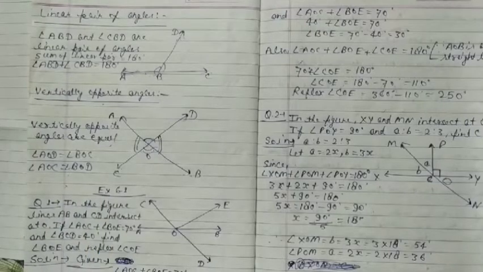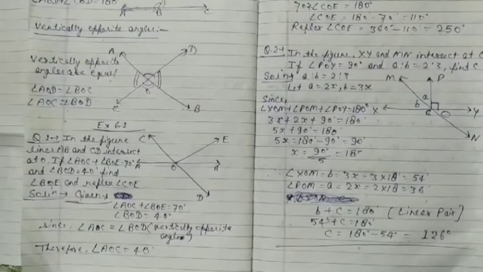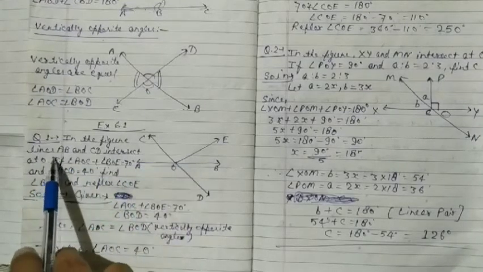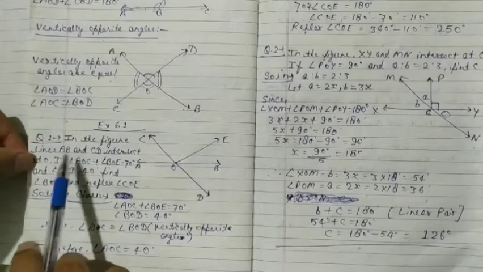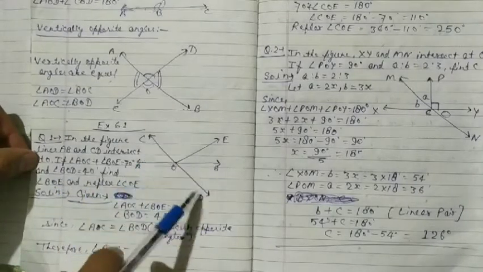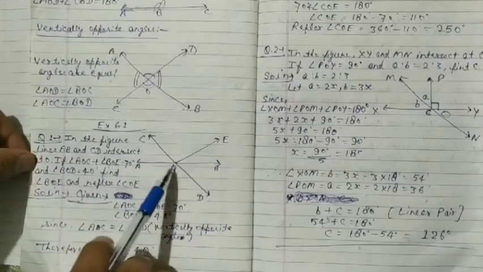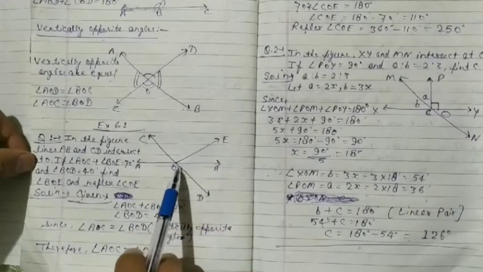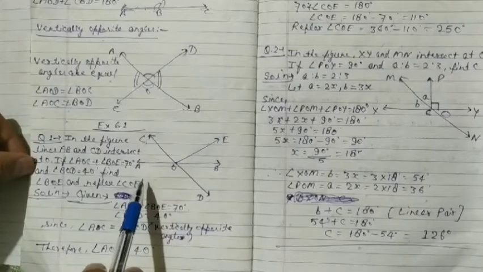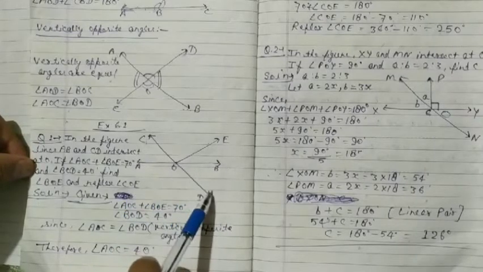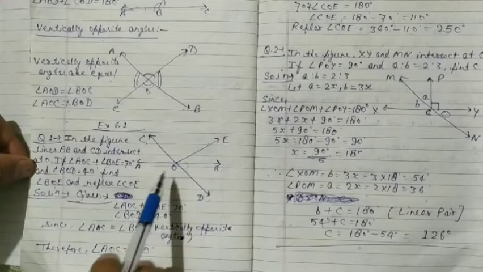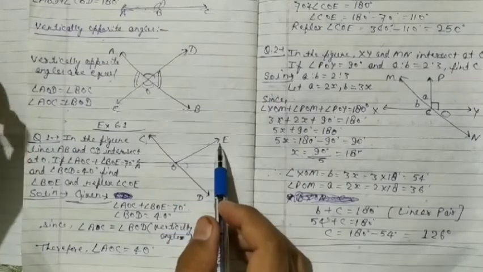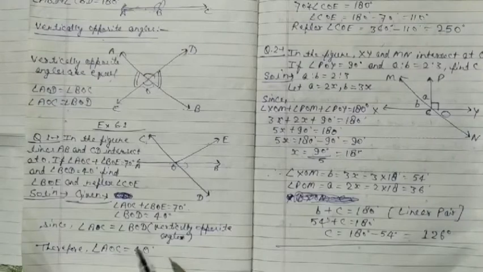Exercise 6.1, question number 1. In the figure, line AB and CD intersect at O. If angle AOC plus angle BOE equals 70 degree and angle BOD equals 40 degree, then find the value of angle BOE and reflex COE.